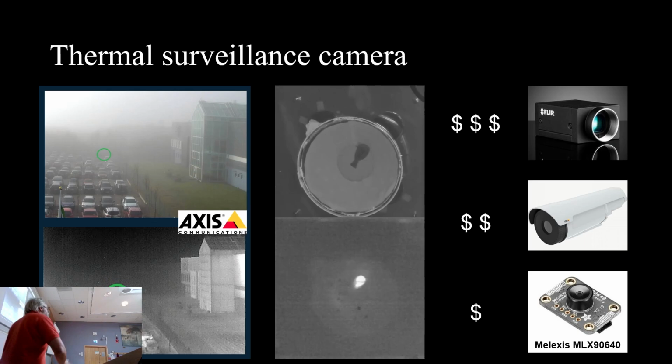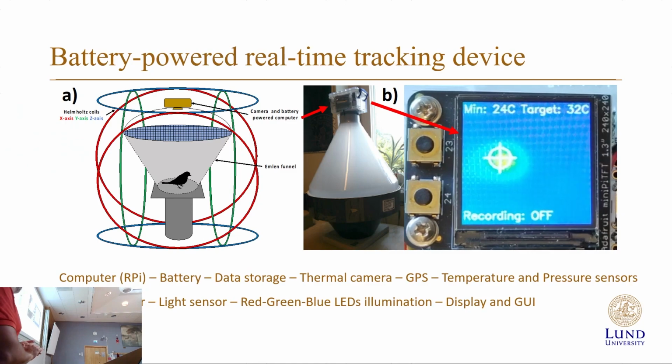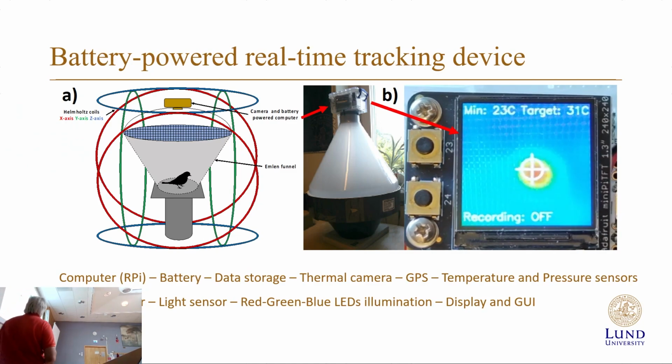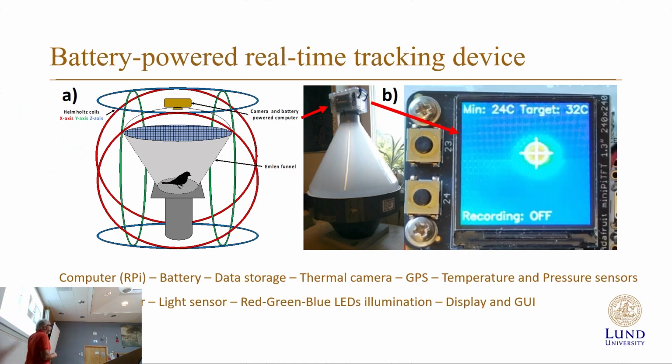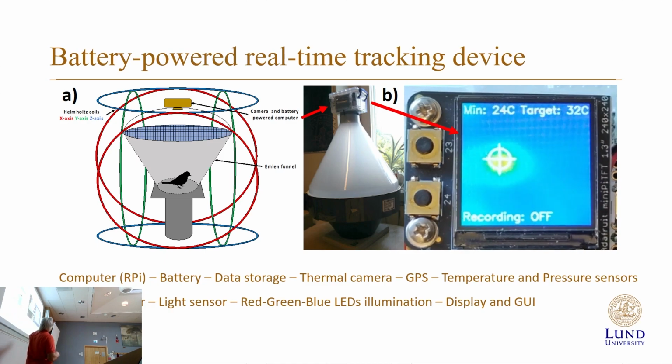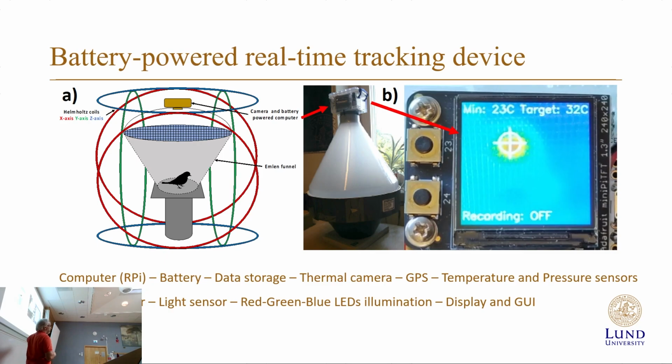So this is the smallest thermal camera that we found. It's 24 by 36 pixels, and super cheap. And then we decided, let's make our own thermal camera. I mean, you cannot tell that it's a bird, but this is doing tracking with literally 3 lines of code.